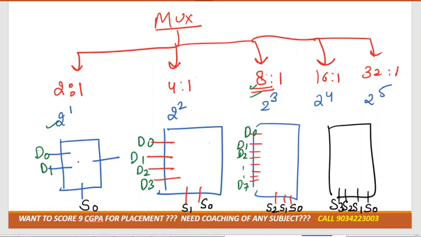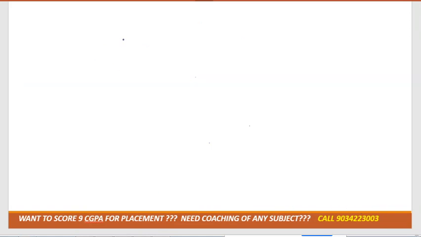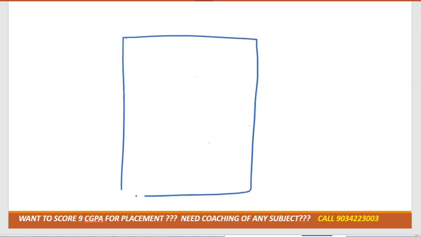From this you can see that the input goes from 0 to n minus 1. Suppose the number of inputs is n, then the inputs go from 0 to n minus 1. So if I draw a standard multiplexer, it would be common for all.